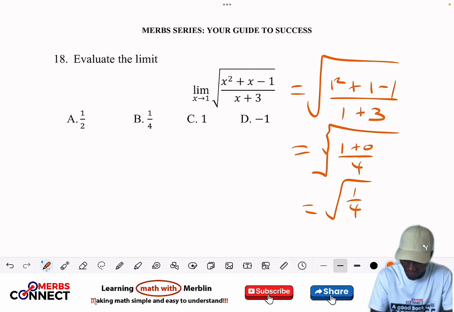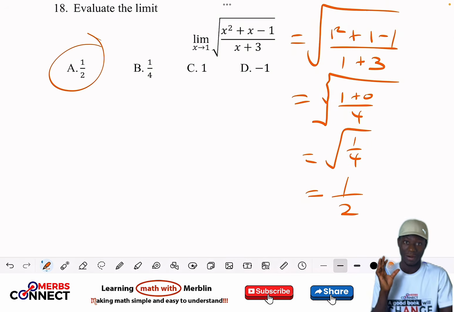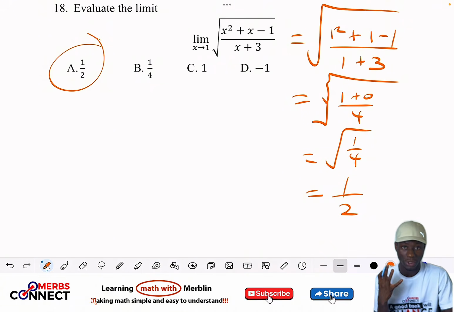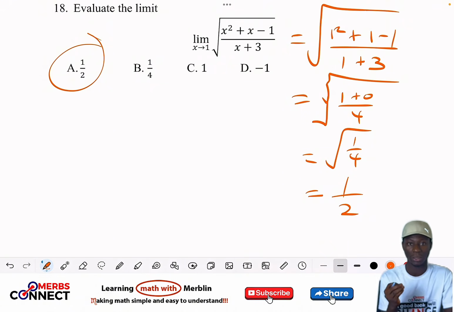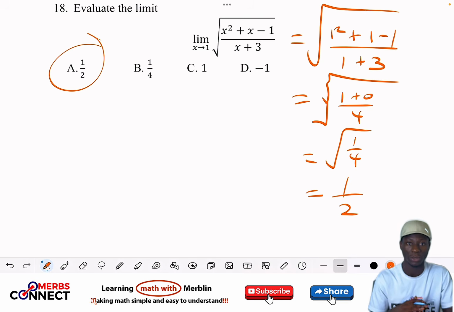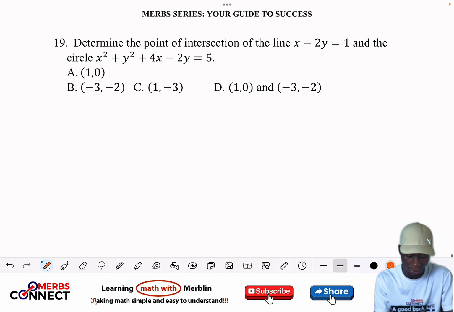The square root of 1 divided by 4 is 1 over 2. So you see that direct substitution works. So don't complicate your mind. Do direct substitution before you think about other ways of solving a limit. Direct substitution is very, very important.